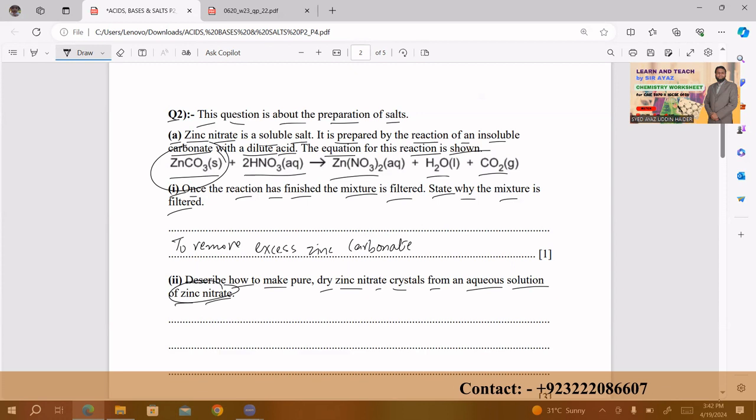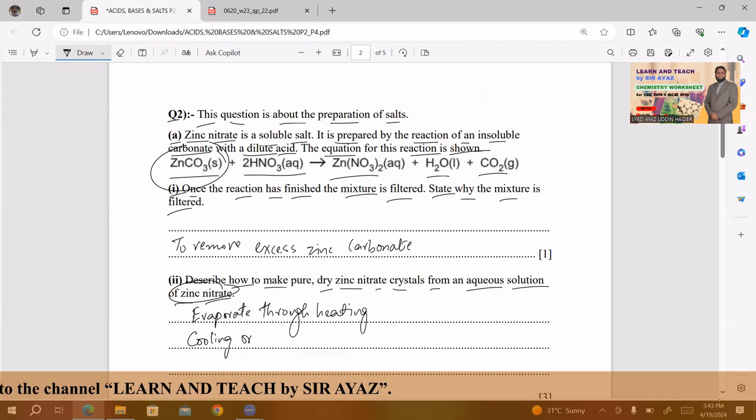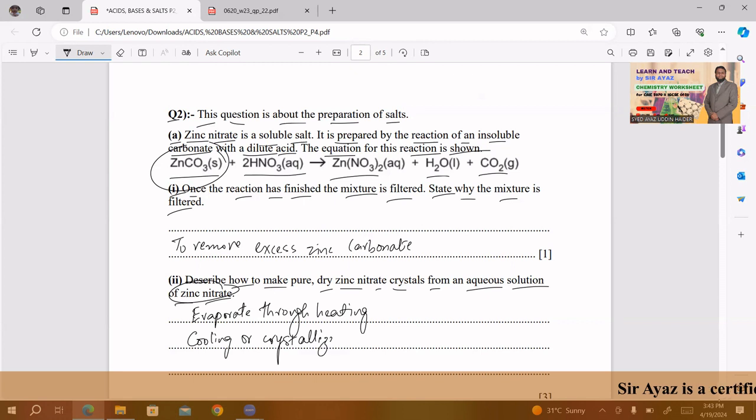So you can heat the solution or evaporate through gentle heating, then cooling or crystallization. Then for any description of drying the crystals, you'll write dry in air.